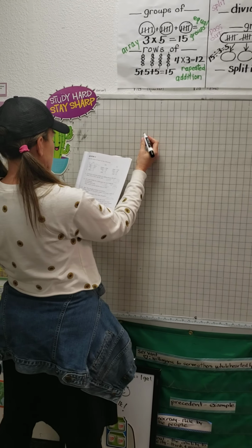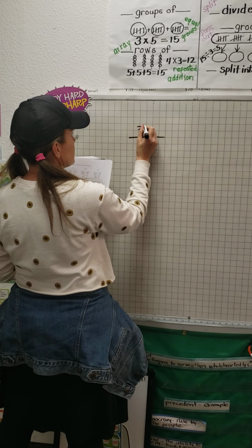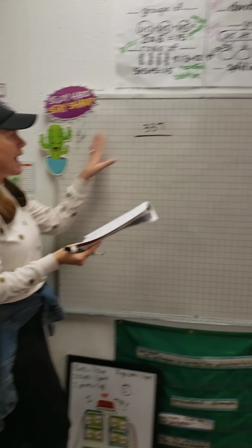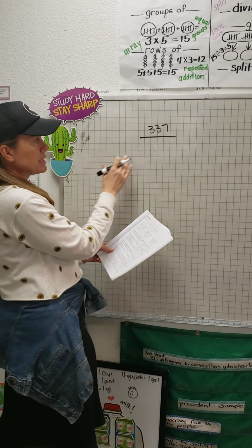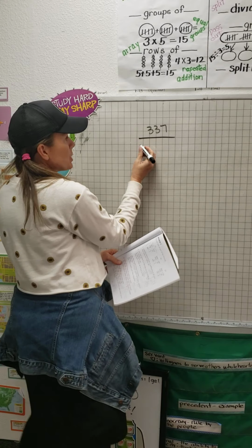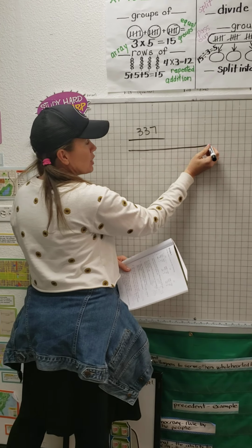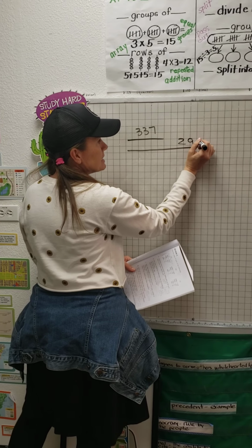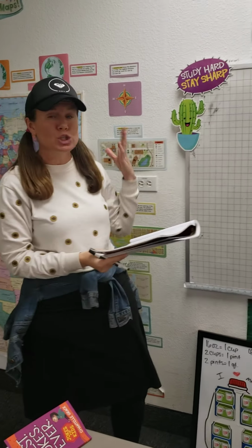So if we show here, it says Kyle sold 337 boxes, and this was last month. This month, he sold 299 more. So he sold the 337, and then he sold more, 299 more this month. And they want to know how many he sold in 2 months.